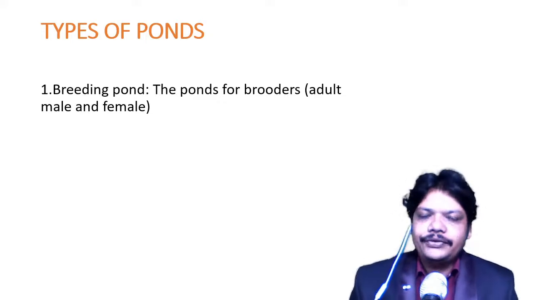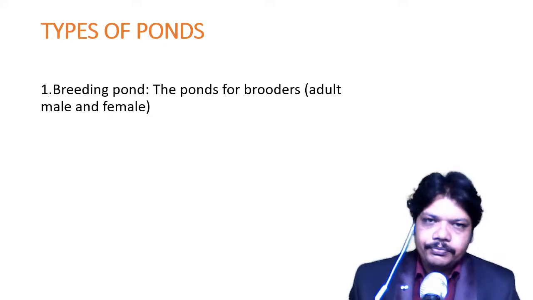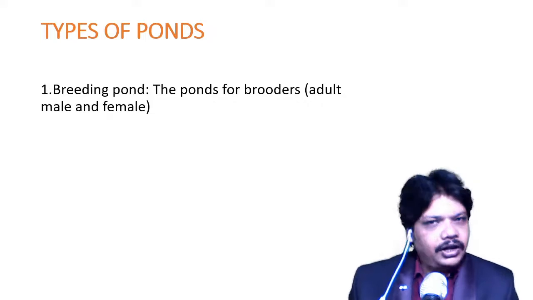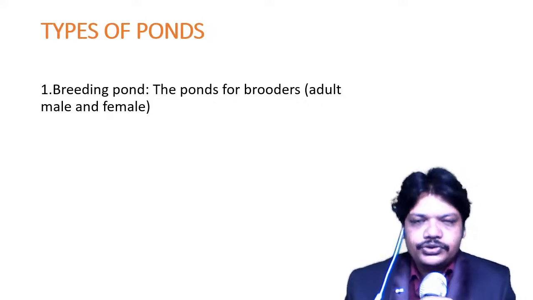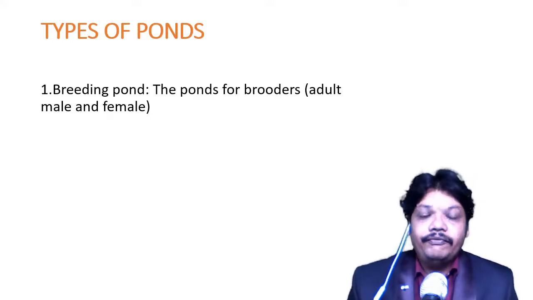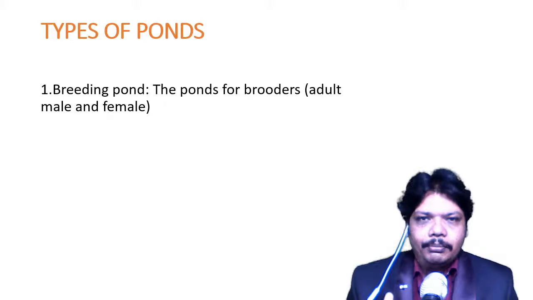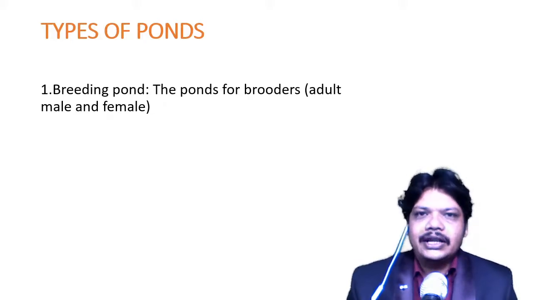Whatever fish are in the breeding pond are just brooders, meaning adult male and female fish. There are some criteria, some procedure, for which type of fish we have to select for breeding or fertilization.